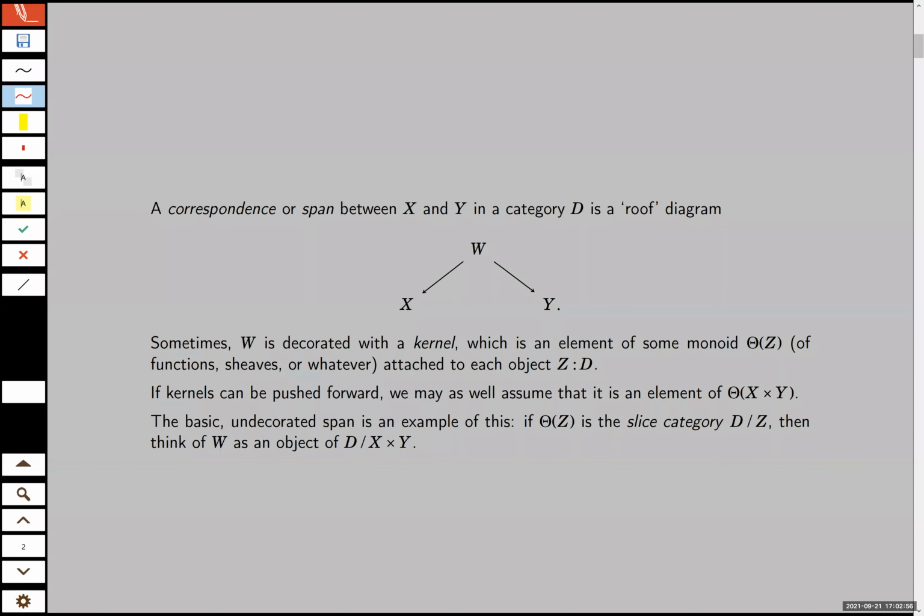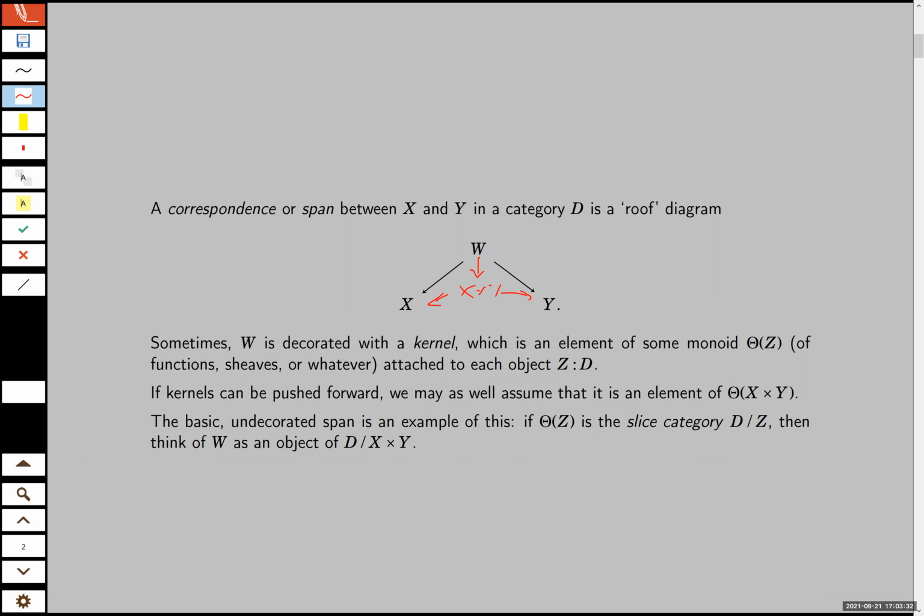And maybe I can, no, we can use this eraser as a pointer. Yeah, so this sentence means that if I have a W equipped with some kernel, say a function, and I can push forward or integrate functions along certain maps, then I can push forward this thing along the map from W to X times Y and consider it as a function on X times Y, if I can integrate along fibers.